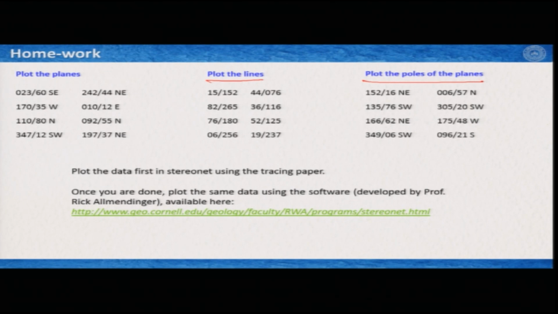Once you are done, to see if you have done it correctly, you can download a Stereonet software from this website. The link is given here, and you can check whether your manual plottings are correct by plotting them also with the software. And if you have any questions, you can always write me back, or you can contact the teaching assistants.